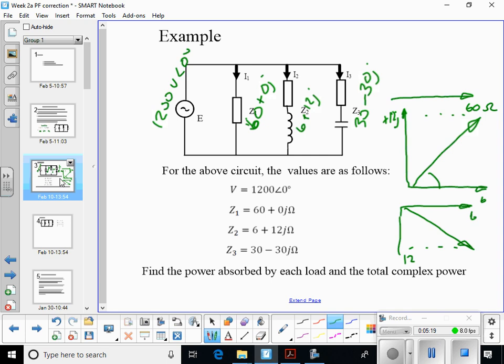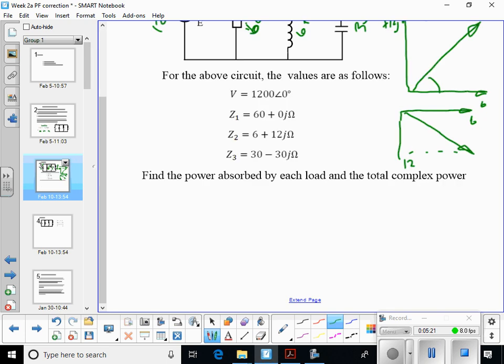So from what we spoke about on the last slide, we know that ST, the total apparent power, is called, in this case, the complex power because it has a P part to it and it has a Q part to it. It has a length or magnitude and an angle from 0.